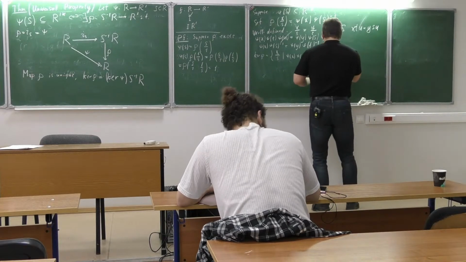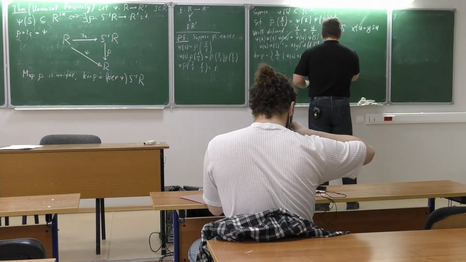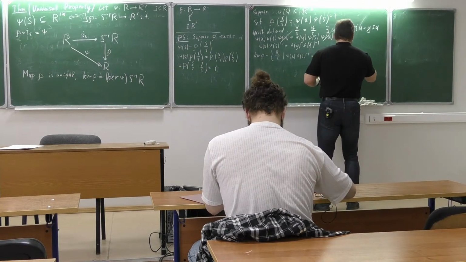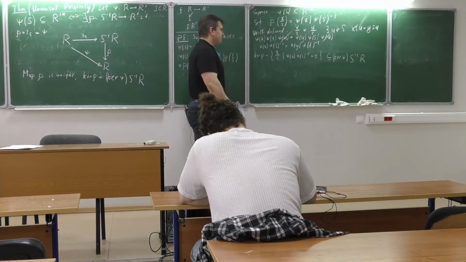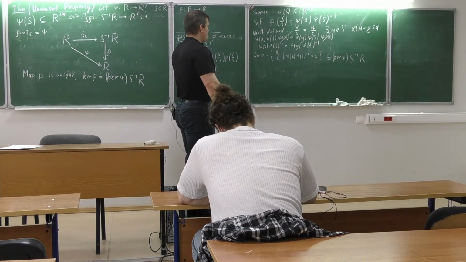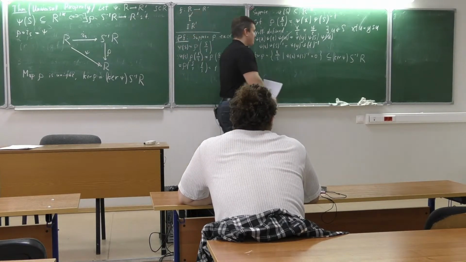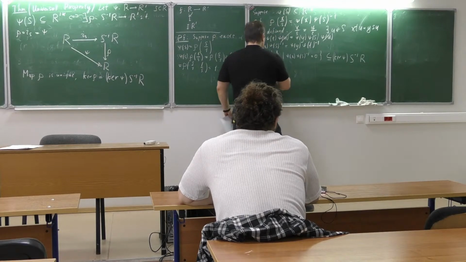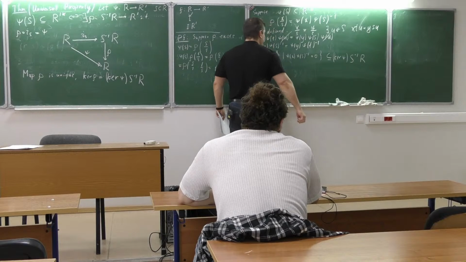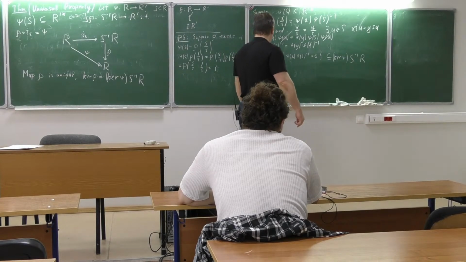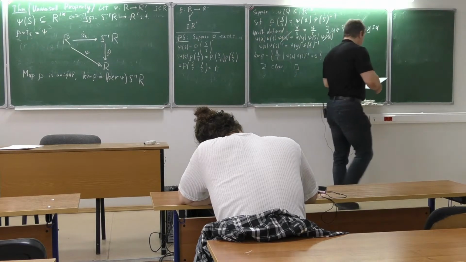So this sits inside the kernel of psi, and then we also can multiply this by any element in the localization. Right, so we have this inclusion, and the reverse inclusion is completely clear. So that's the end of the proof.